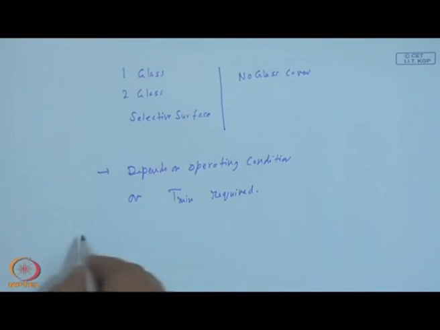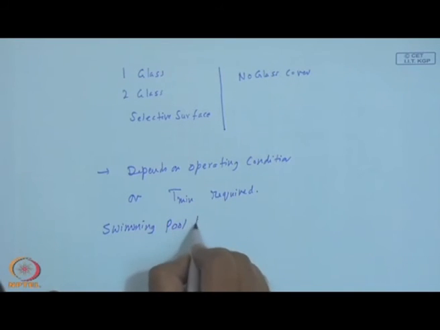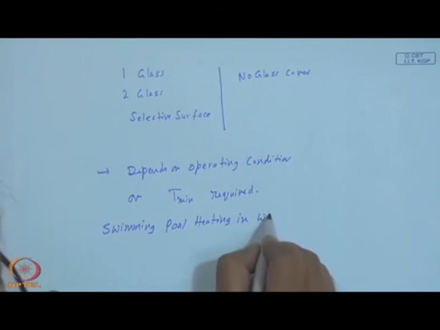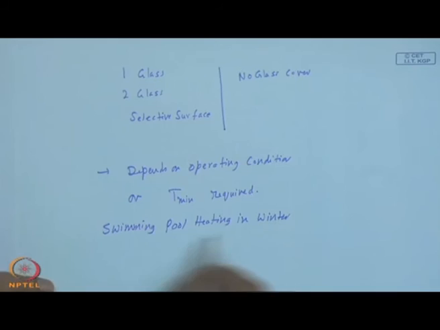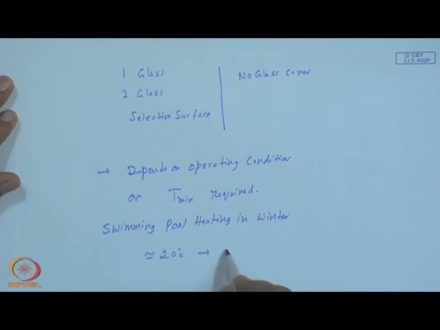One example that comes to my mind is swimming pool heating. Let us say in winter. So, you can maintain a temperature of approximately 20 degrees C instead of 11, 12, 14. Okay. We do not consider lower temperatures, because then possibly people may not like to swim unless it is indoor, and it can be easily heated by a solar collector with no glass cover.